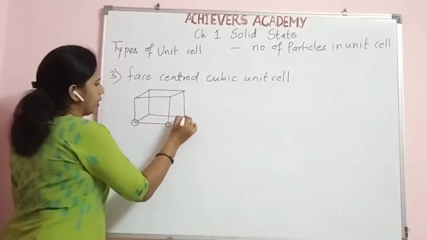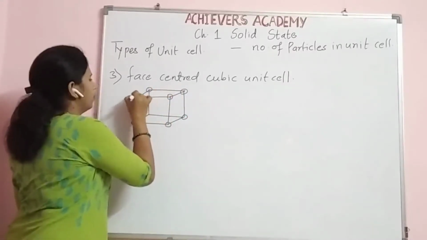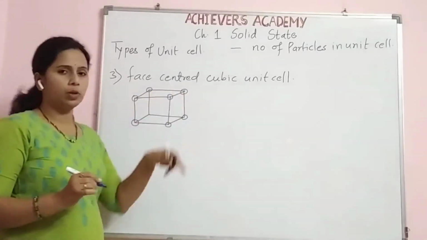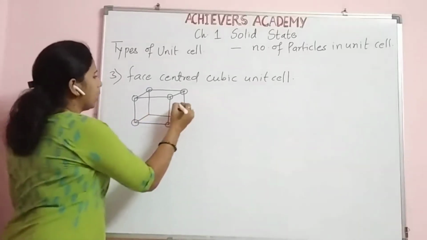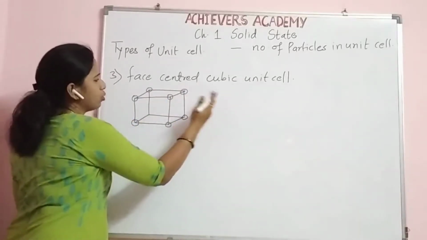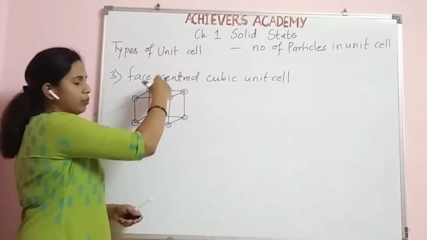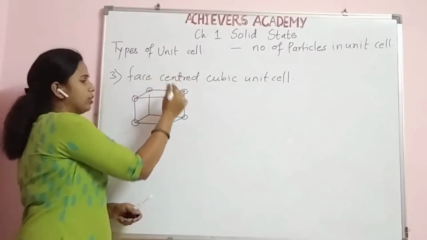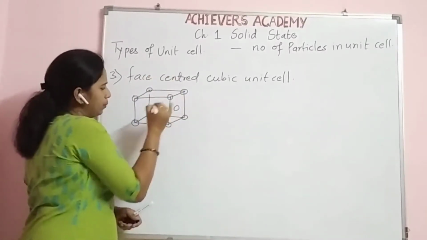So let's show the first 8 particles. As well as this, face centered cubic unit cell means particles are also present at the faces. Now this face of the cube gets shared with the other unit cell, if we stack another unit cell above it. So here we will show the particle.